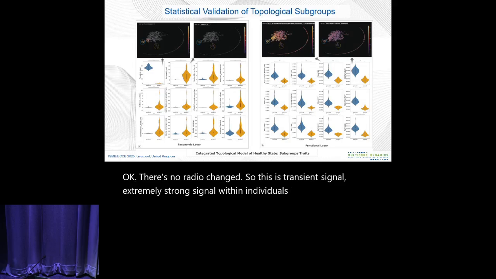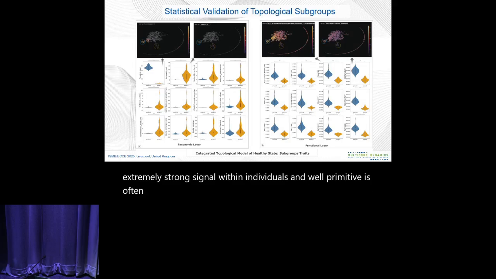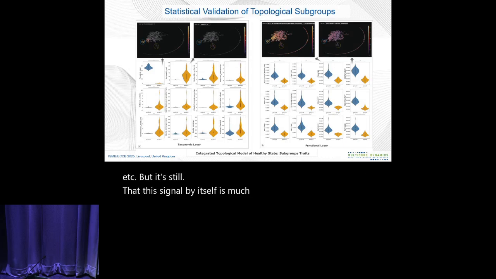While Prevotella is often associated with better health, vegetarian diet, etc., this signal by itself is much stronger than the health-disease signal. So we need to somehow normalize or condition the search for health.